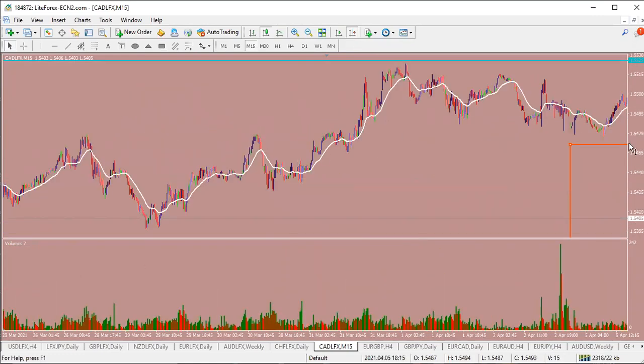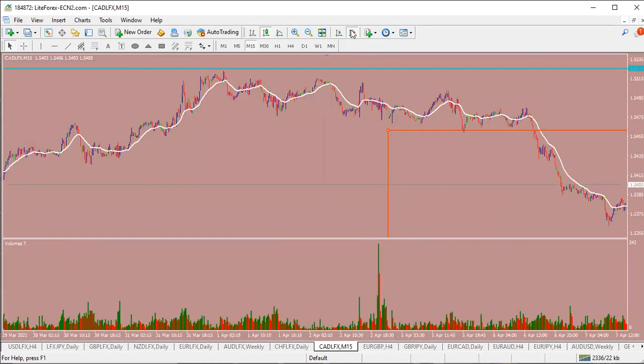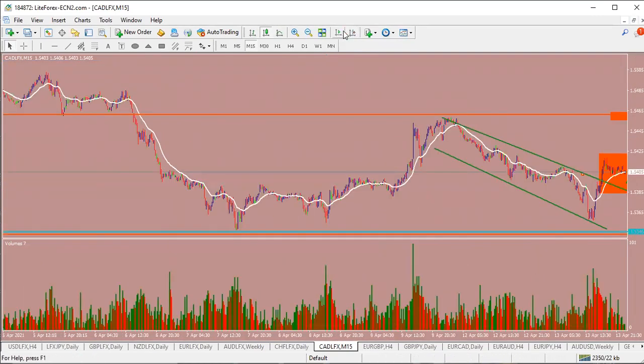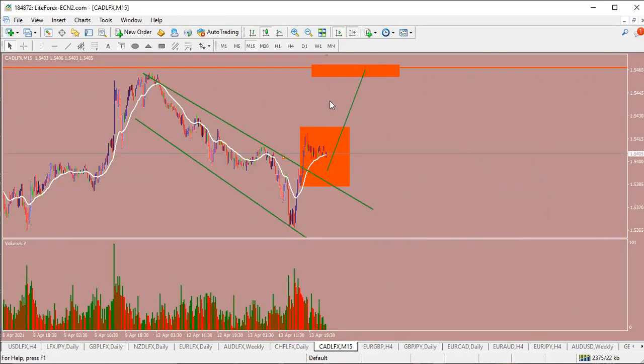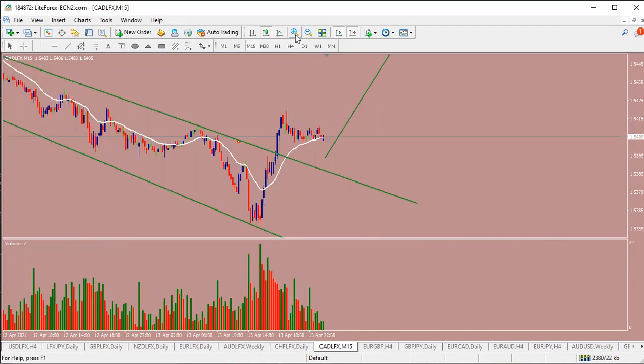And what is that pattern? This is the pattern. This is the chart pattern for 15 minutes. Can you see it?